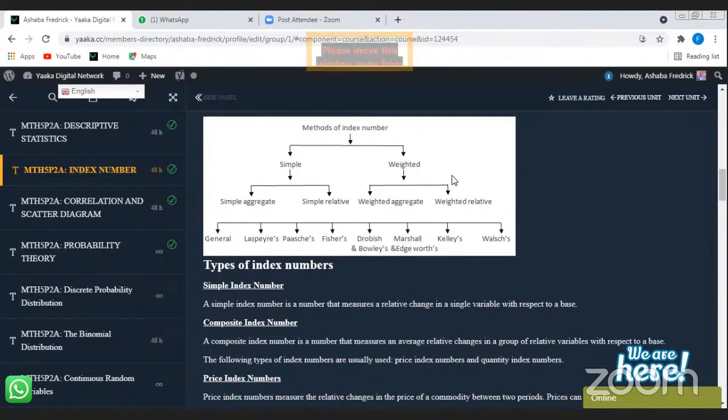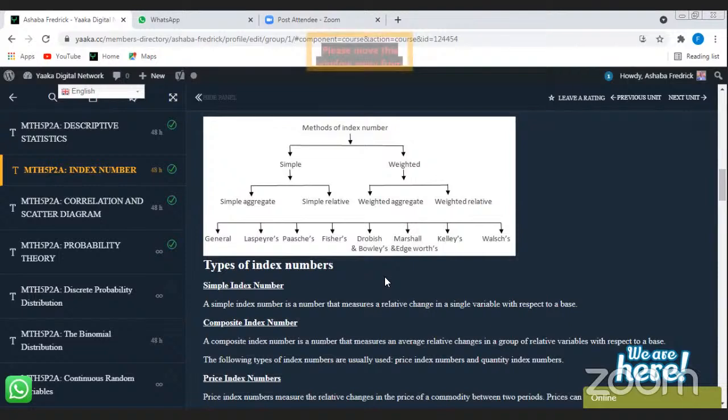So after this image, it takes us to the types of index numbers. So you can read a simple index number. A simple index number is a number that measures a relative change in a single variable with respect to a base.